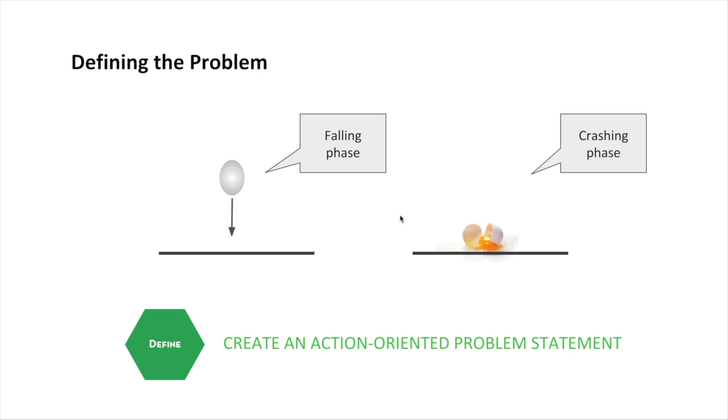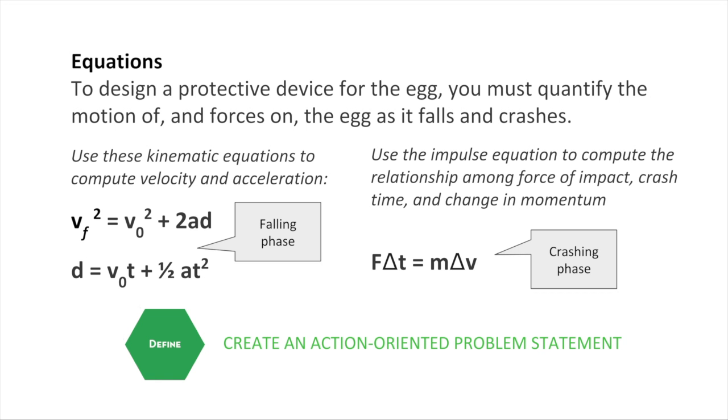So remember, as we define the problem, we need to think about what's happening to the egg. There's two phases to this project. There's the falling phase and there's the crashing phase. The equations we need for each phase are somewhat different. To design a protected device for the egg, you must quantify the motion of and the forces on the egg as it falls and crashes.